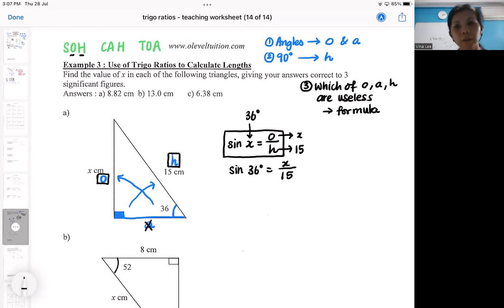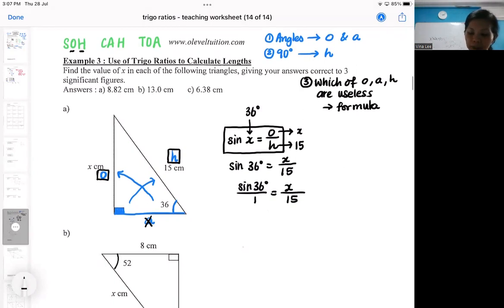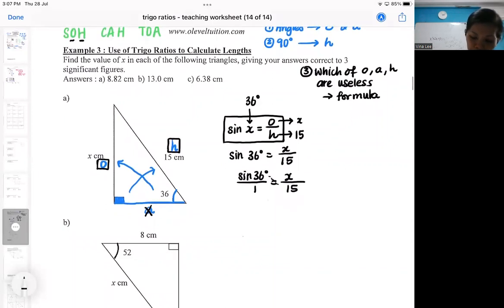And do you still remember just now during example 1, when you tried punching calculator, actually 36 is a very ugly number. Am I right? So sine 36 is a very ugly number. So we're going to set up our cross multiplication.